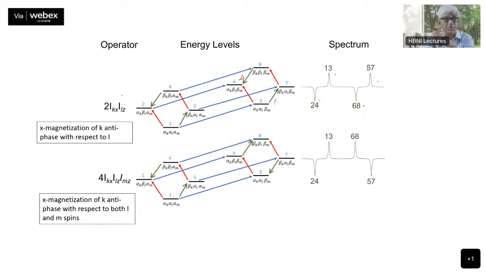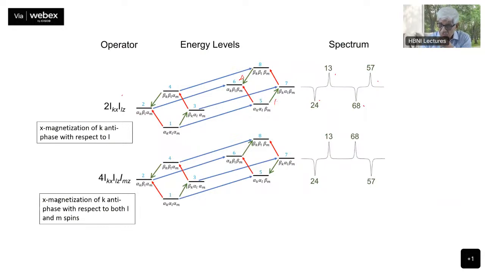Consider a 3-spin operator. Let's consider this 4 IKX ILZ IMZ. So what does this mean? This is the X magnetization of the K spin. It is antiphase with respect to L as well as M. Okay.